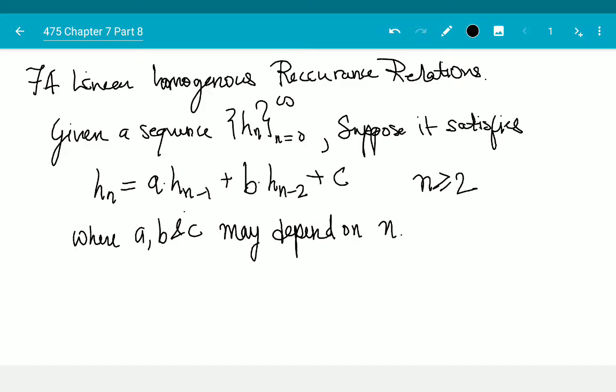For example, if n is even or n is odd, things might become different. Such a thing is called a linear recurrence relation.